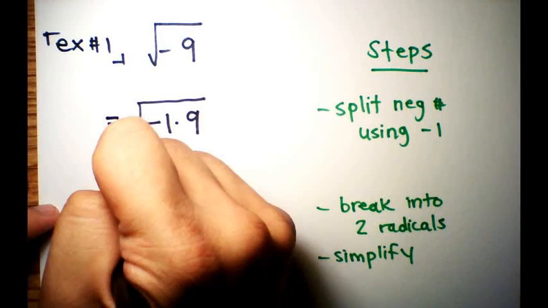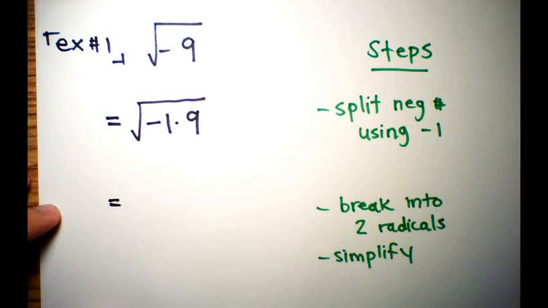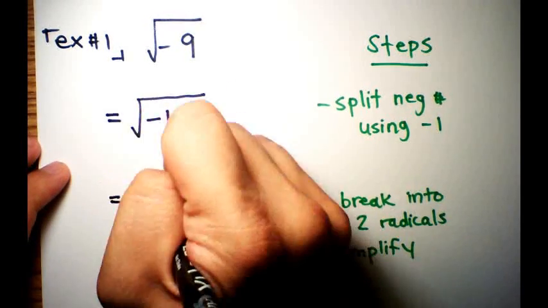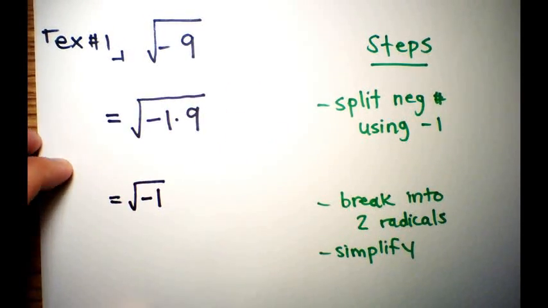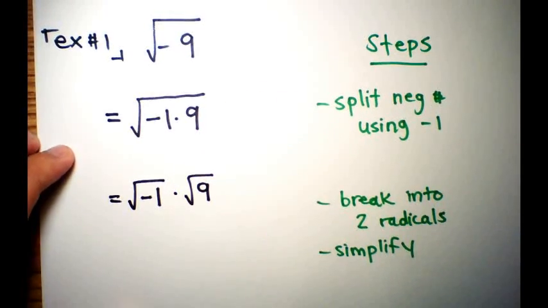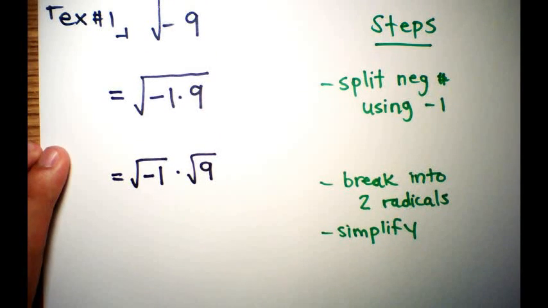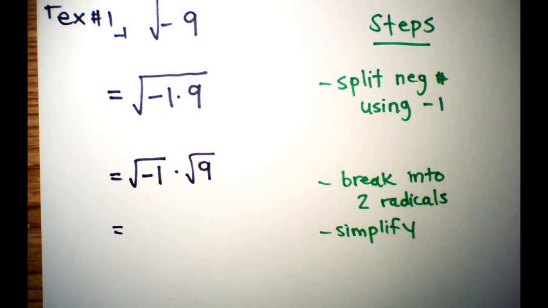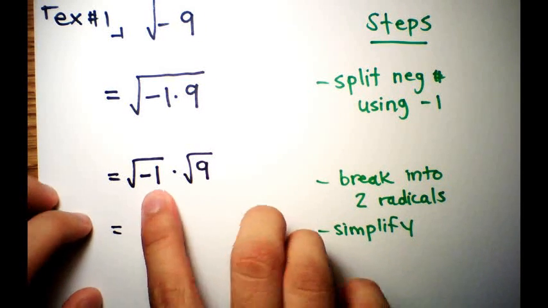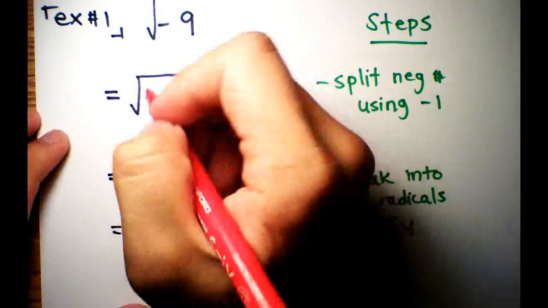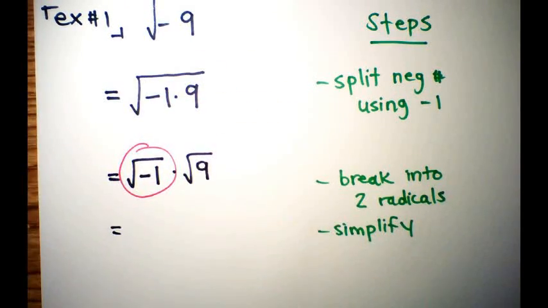Alright, second step, we're also going to break this into two radicals. To do that, we're going to go square root of negative 1, or radical of negative 1, times radical 9. Alright, from here, simplify. Well, let's go back to that definition. What was square root of negative 1? Anytime you see square root of negative 1, you're going to replace that with the letter i, because that is your imaginary number.